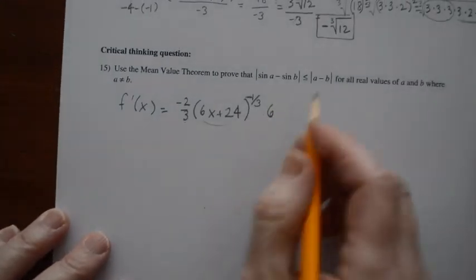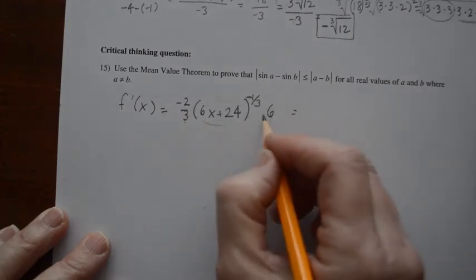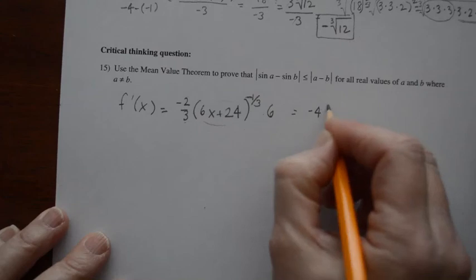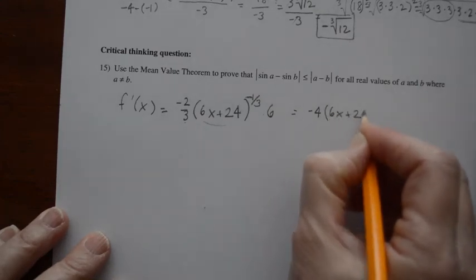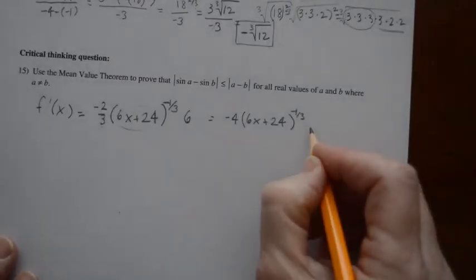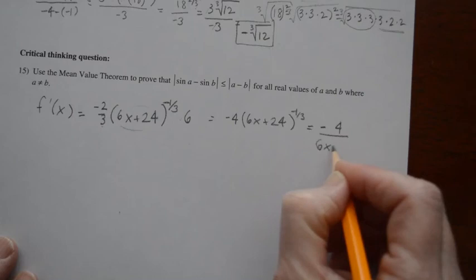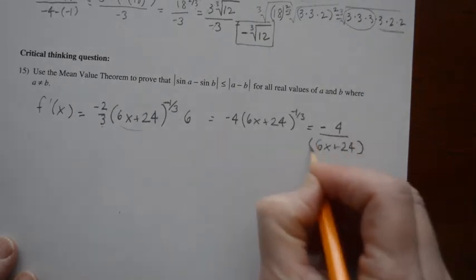I'm going to combine these two so the 3 in here will cancel, so we get negative 4, 6x plus 24 to the negative 1/3, or if I rewrite that, negative 4 over 6x plus 24 to the 1/3.